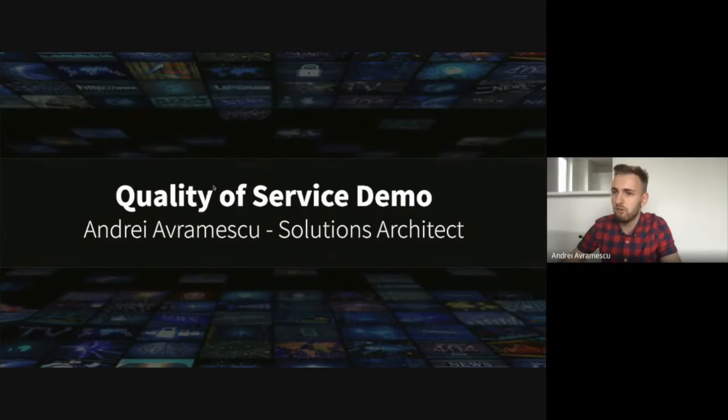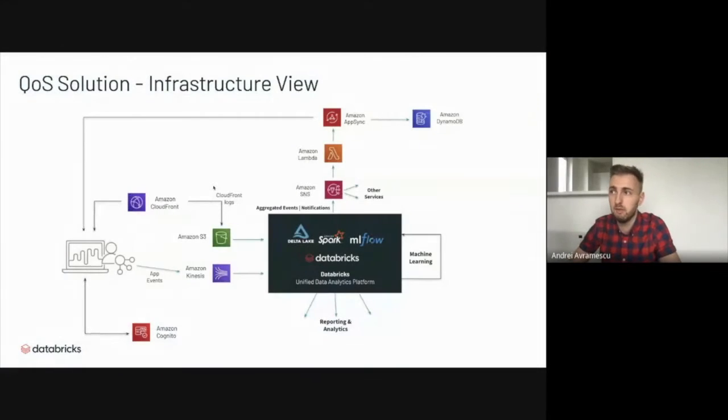Firstly, I want to take you through the infrastructure. The infrastructure, as I mentioned, is based on a mix of best practices around Databricks and what we have seen in the field, and the best practices from AWS. On the left side, you can see the web player. Basically, the web player is one of the two sources of data used in the proposed solution.